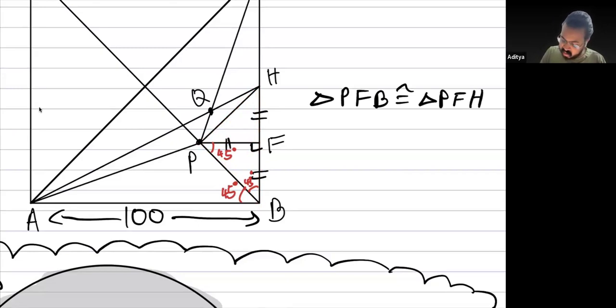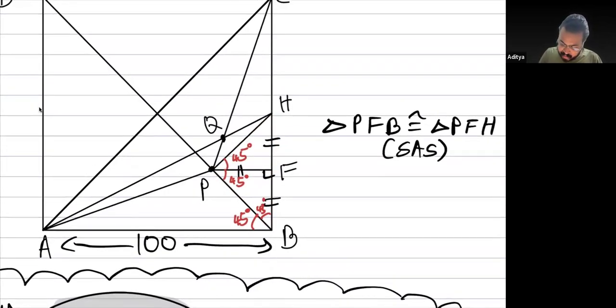Now it doesn't really matter how I order P and H or P or B over here, because they are isosceles right triangles. Why are they congruent? Because common side, common other side, and the sandwiched angle between them is congruent. So by SAS congruency, these two triangles are congruent, which gives us one very important angle, HPF.